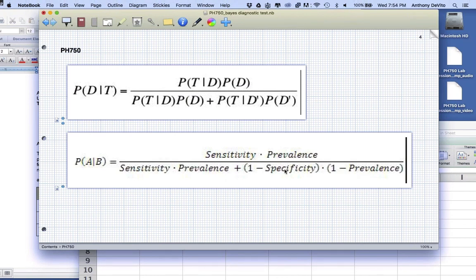So that's 1 minus the specificity, right? It's the inverse of the specificity. Times the probability that you don't have the disease, that's the prevalence. So let's think about that. The total number of false positives, the proportion of the population that are false positives are, well, first of all, they have to be people that don't have the disease.